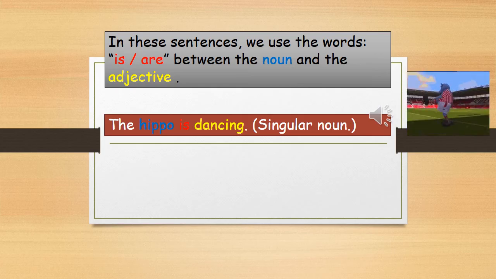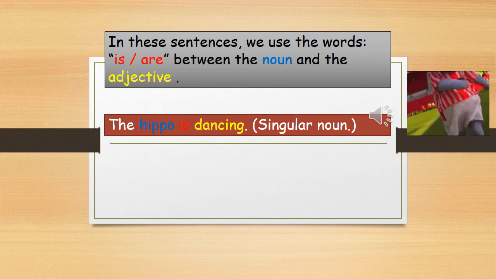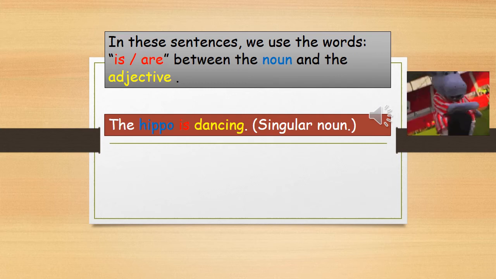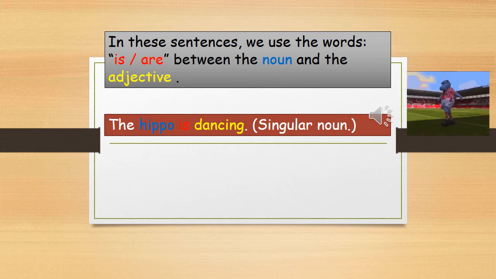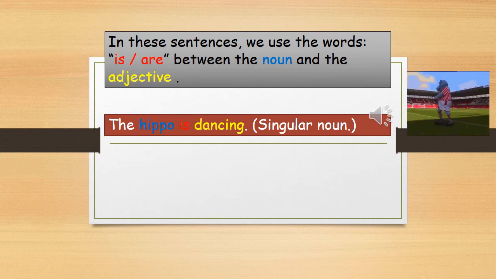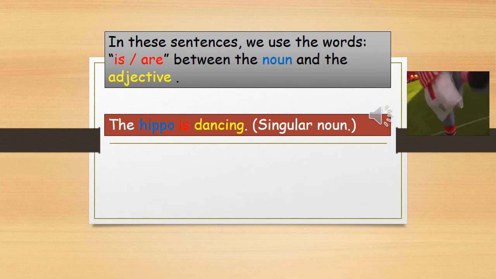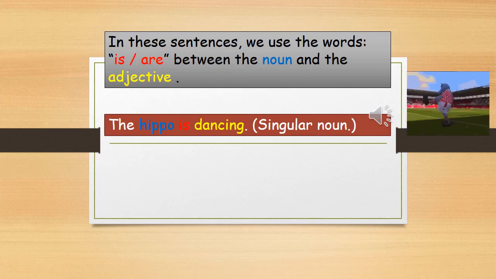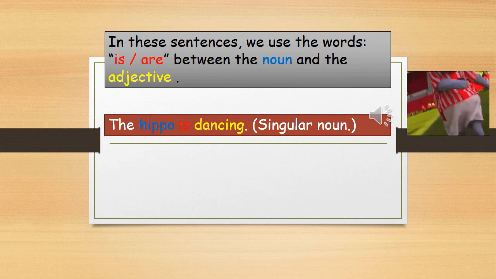Sentence number 1, the hippo is dancing. Okay, in this sentence, the noun is first, is or are, it goes in the middle, and the adjective is last, if we can look at the blue and yellow colors. Remember, hippo talks about one animal, and when it's a singular noun, one hippo, we use is. The hippo is dancing.